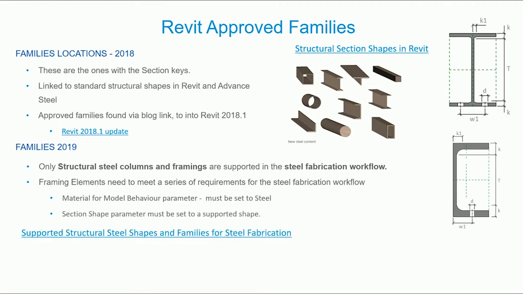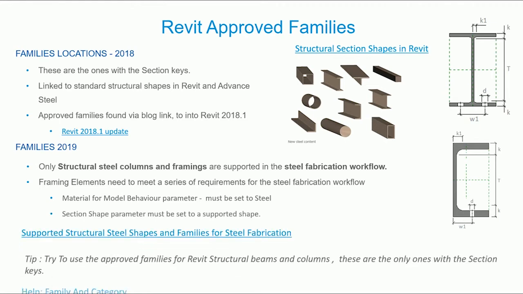In 19 they've actually brought it all in under one place, so it's under the Revit file, the AU2018 folder, and it's all under whichever country you're in, you'll find it in there. So obviously the approved families follow the shape codes, etc., and they do have all the dimensional data, and importantly they have the section key in them.